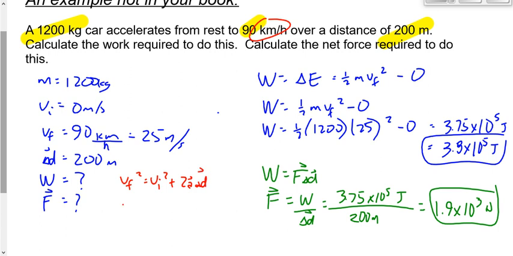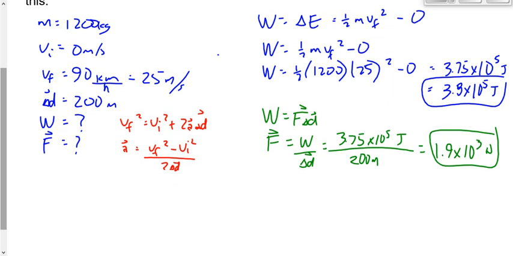Solve for A, which is v_f squared minus v_i squared over 2 times D. And then once we got A, we could have solved for force using M times A, right? Does that make sense? And then, if we wanted to, we could have multiplied F times D, that force that we just got, and got work. So we could have done this completely backwards.